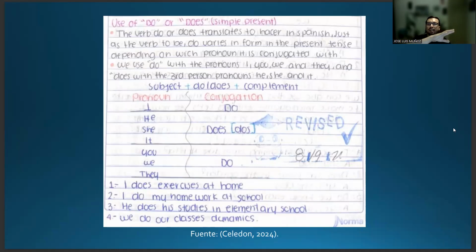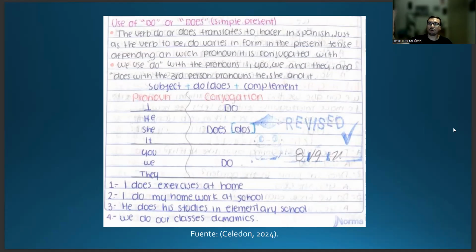You have the subject, then do or does, and the complement. On the left side you have the personal pronouns that we already seen, and on the right side, the conjugation. You have I do, he does, she does, it does, you do, we do, and they do.